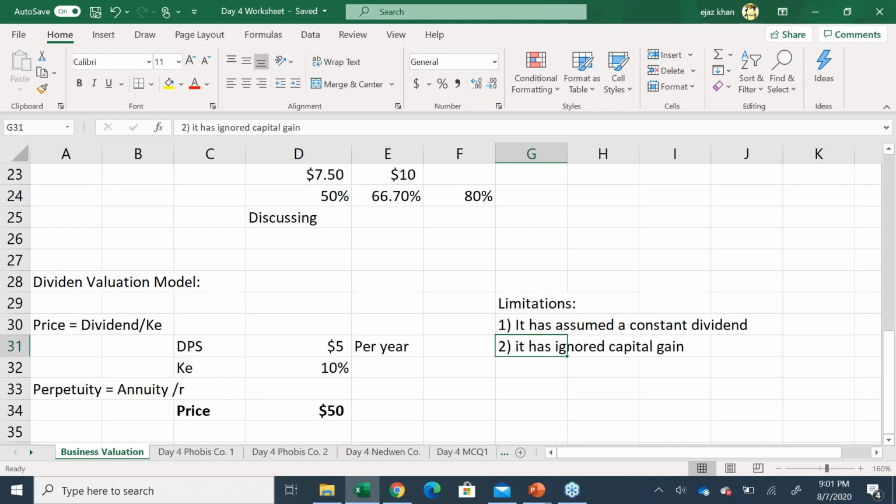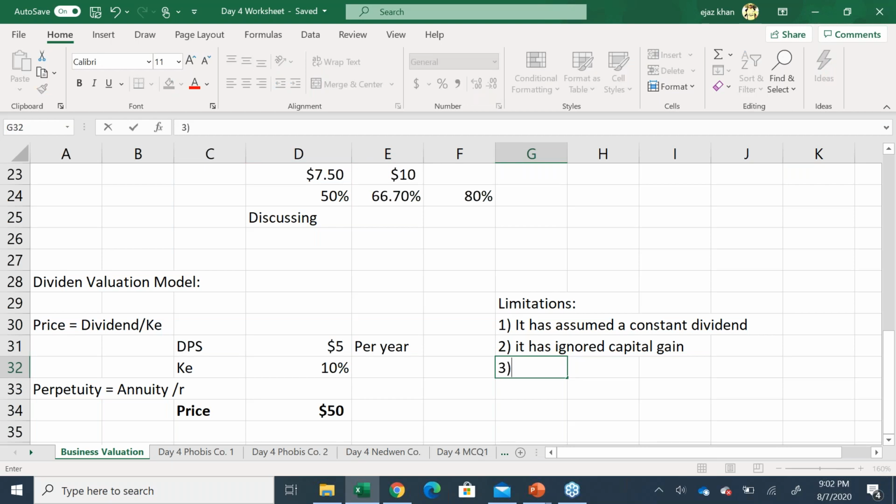So the return will be the sum of dividend and the capital gain, whereas the dividend valuation model considers dividend as the only income. So this is another limitation.